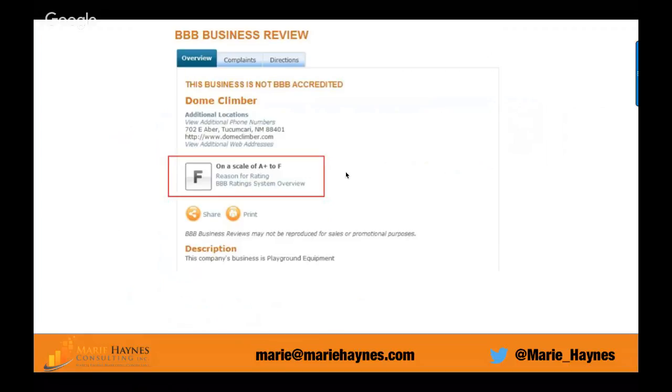Usually, if a business has an F rating, it goes beyond just getting good reviews. It usually means that there are problems with the way the business is running. And so this is where SEO sort of crosses into real life, in that it's very hard now to take a business that everybody hates and make it rank well. Not impossible, but again, if your business has a lot of people complaining, you need to fix that in order to rank well.